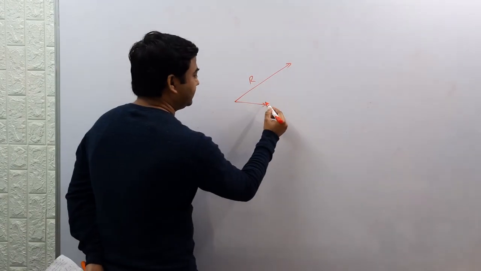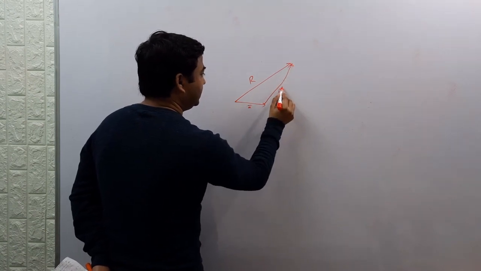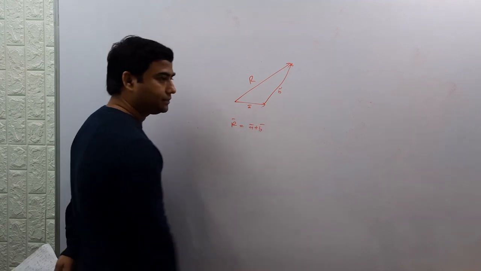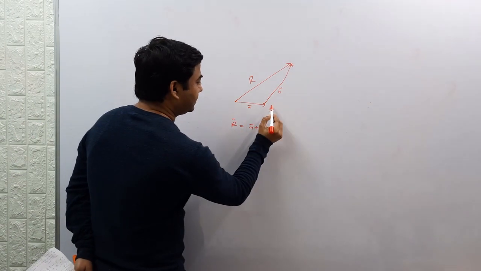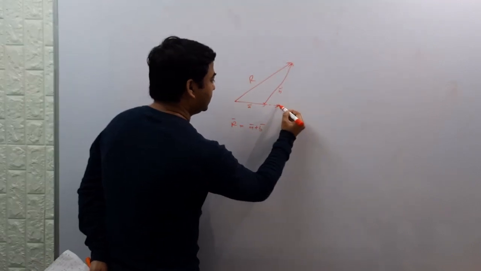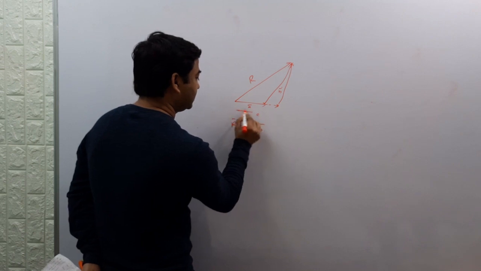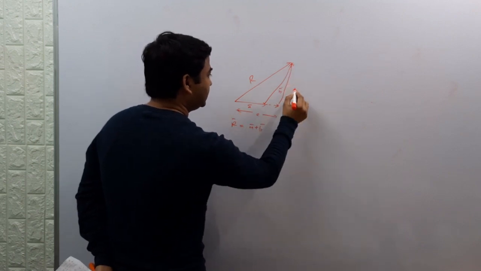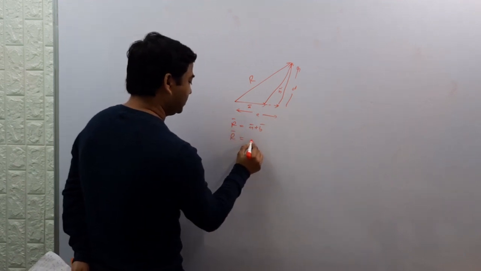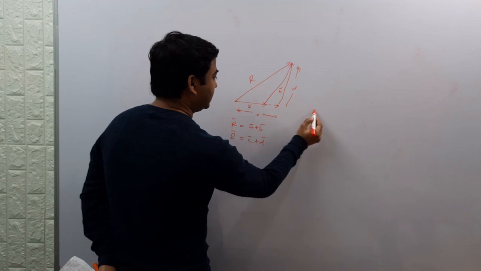We will join this vector A and this B. So R is equal to A plus B. Again take another vector till here and join it. So this vector is C and this vector is D. So R is equal to C plus D. Again increase it here.